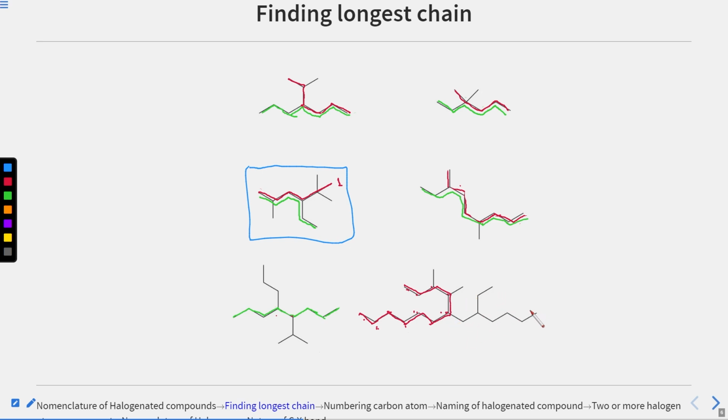Let us try a different one: 1, 2, 3, 4, 5, 6, 7, 8, 9, 10, 11, 12, 13. So this is the longest one. This is clear. Now you have your longest chain.